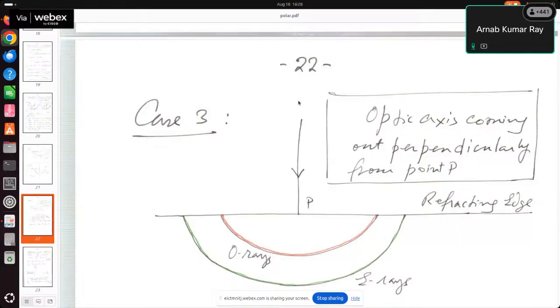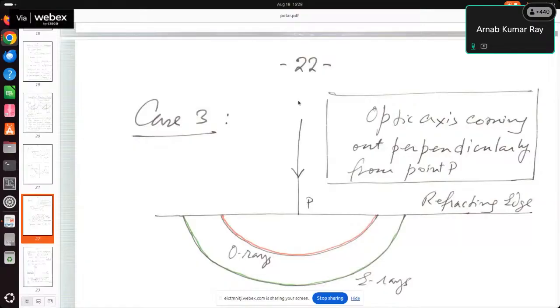The phenomenon of double refraction can be observed when we use materials like calcite and quartz. Particularly with respect to calcite, there is this device known as the Nicol prism, which clearly separates the E rays and the O rays.